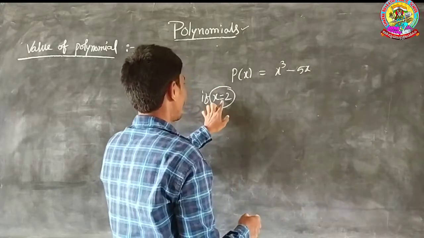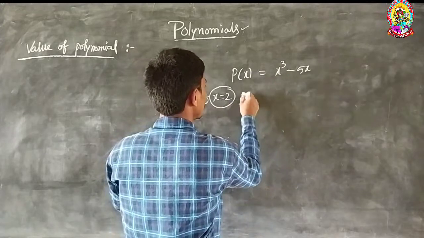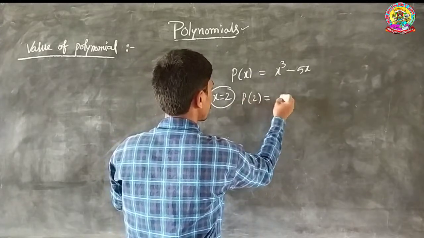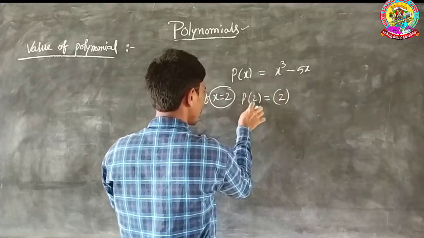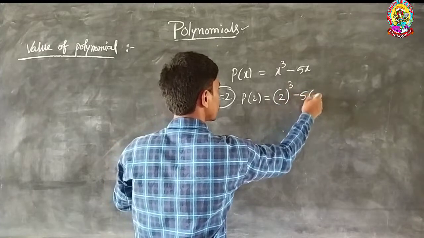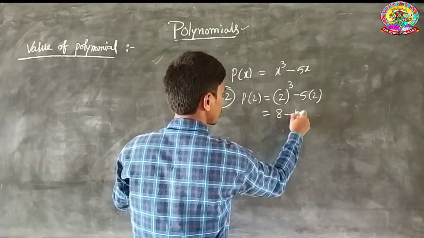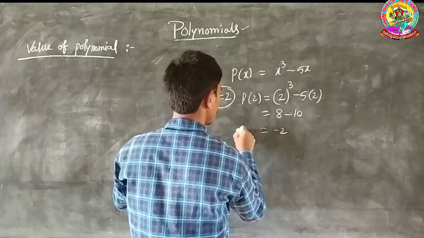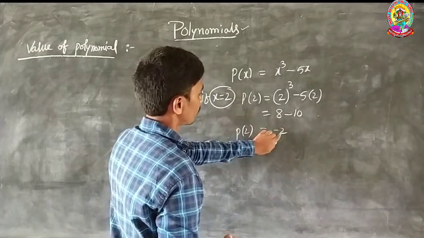It means you have to place the number 2 in the place of x. So p of 2 is equal to 2 cube minus 5 into 2. 2 cube is 8, minus 5 twos are 10. The value is minus 2. The value of p of 2 is minus 2.